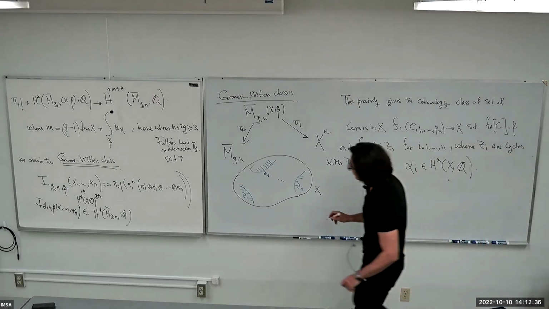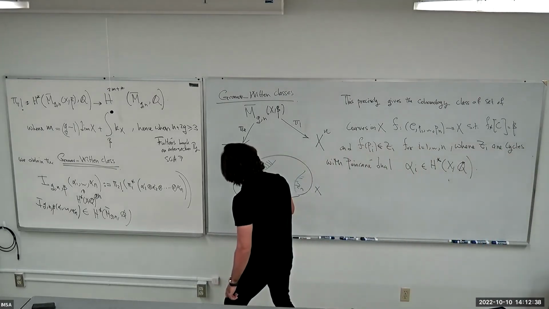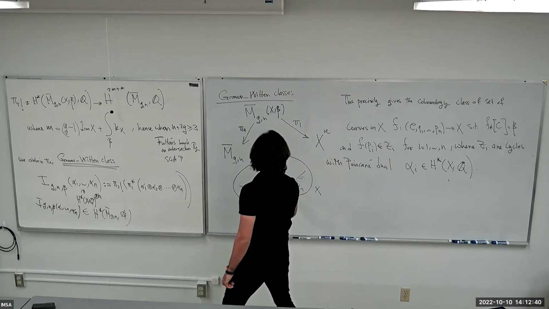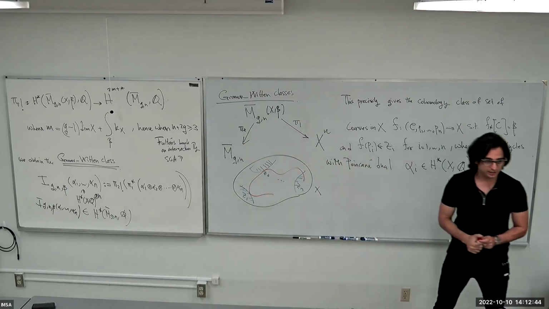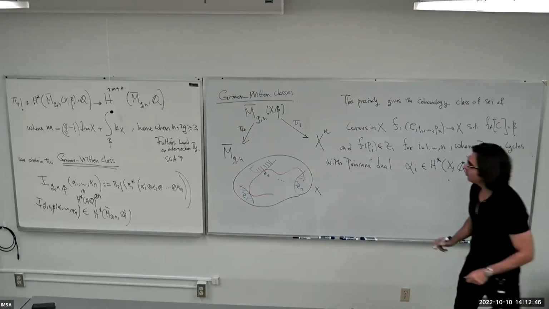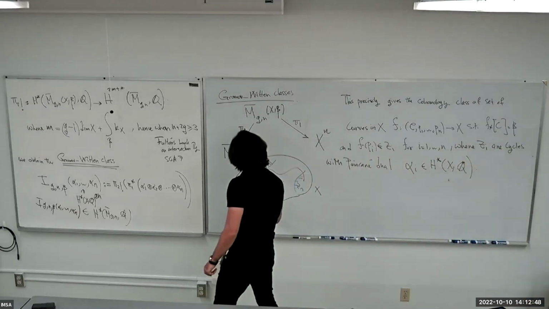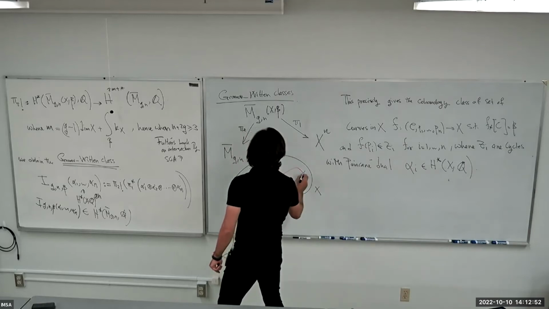So I'm looking at curves that have points of intersection with these loci, and the points of intersection are exactly the markings that we have.